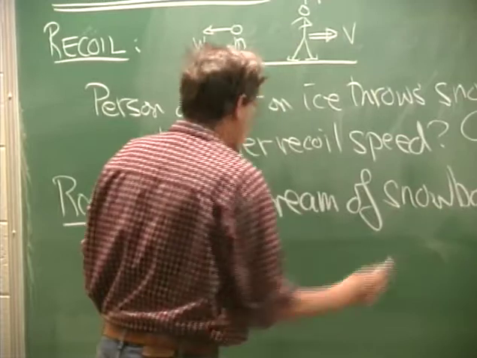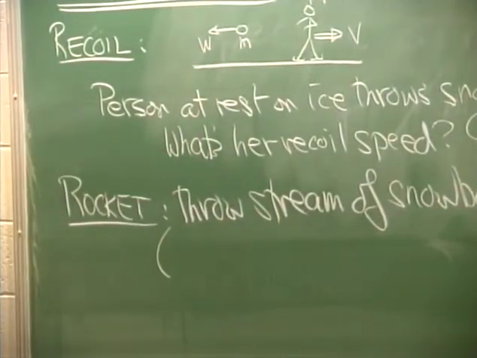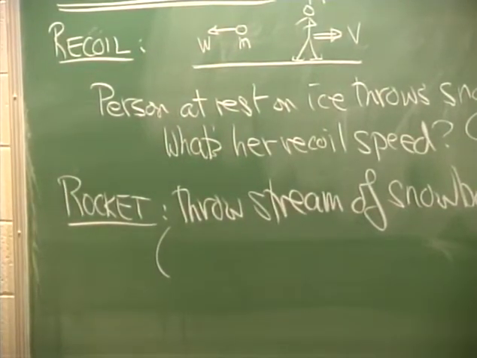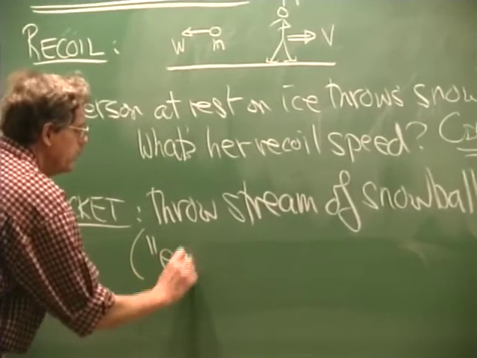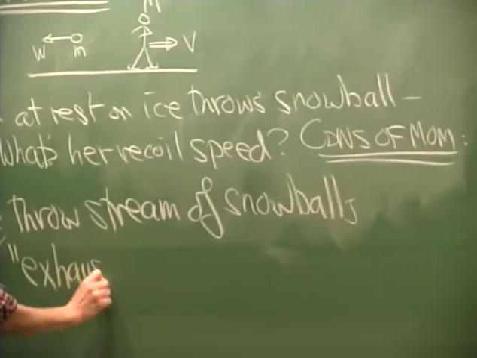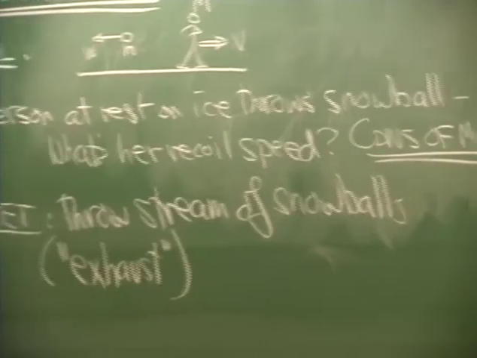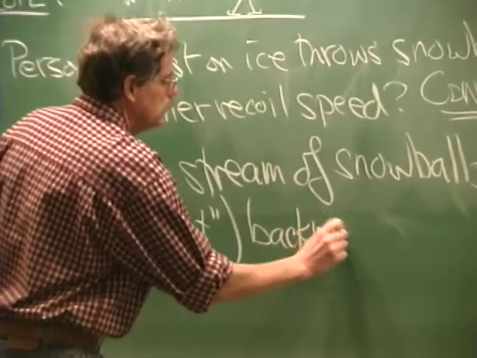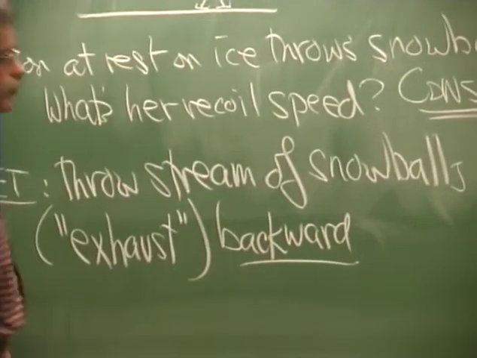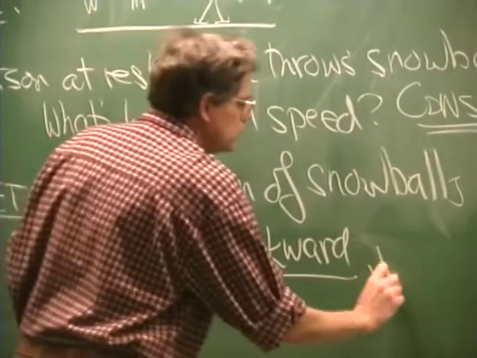Actually, we call it exhaust, although that's always seemed to me a bad word for it because exhaust sounds like something that's wasted. It's not something that's wasted, it's doing the whole job here. Throw a stream of snowballs, called exhaust in the business, backward, and the rocket recoils forward.